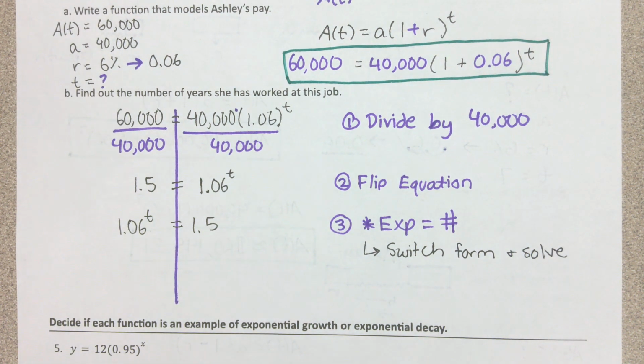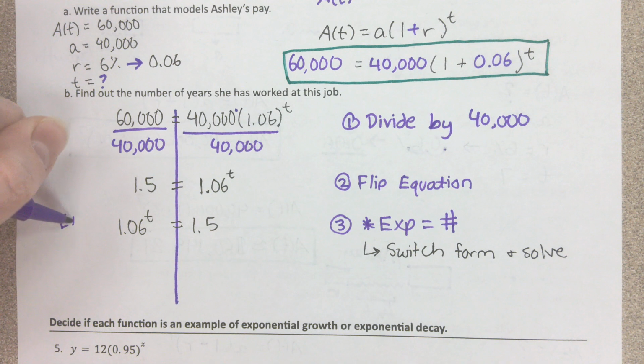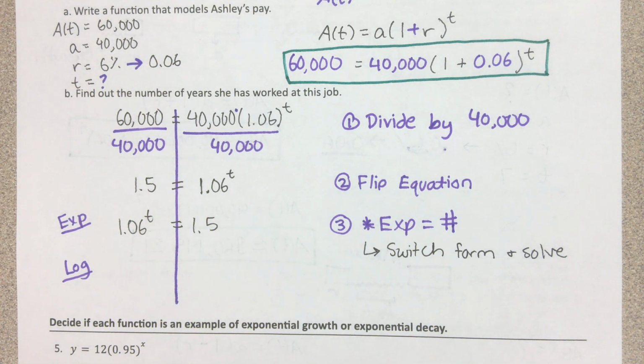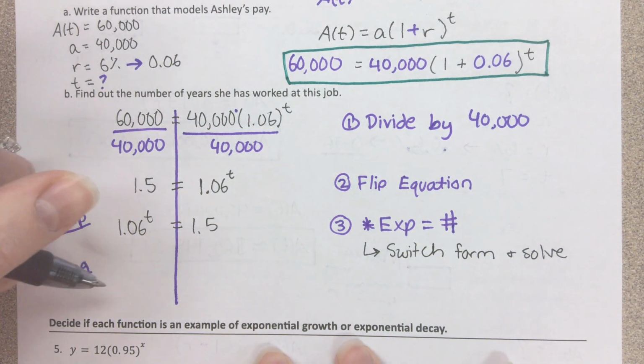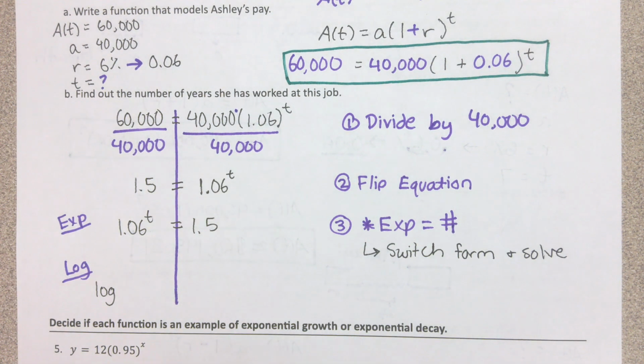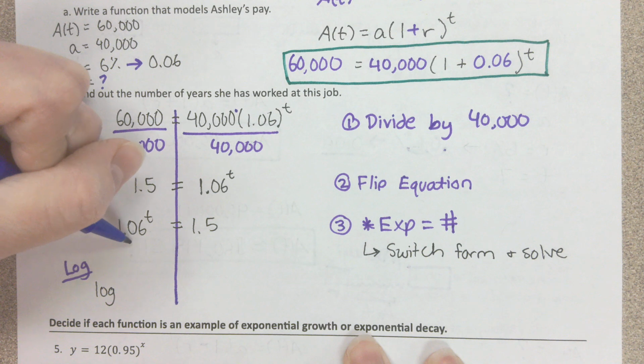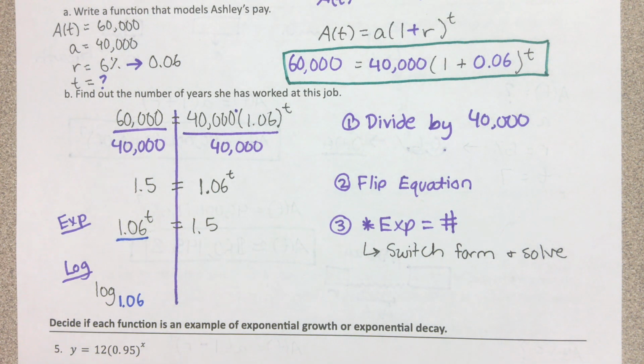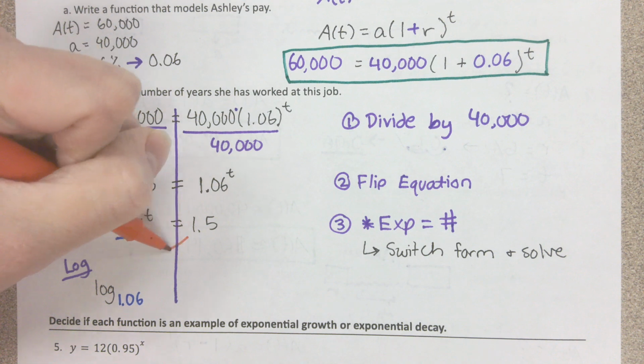So, we are currently in exponential form. And we're going to put it in log form. When you write a log, the first thing you write is the word log. Base stays base. My base is 1.06. The other 2 switch a root.